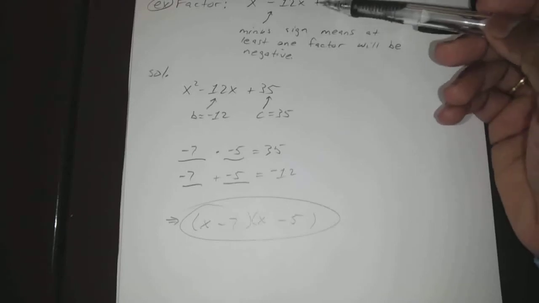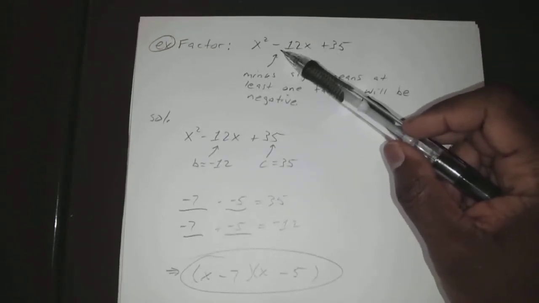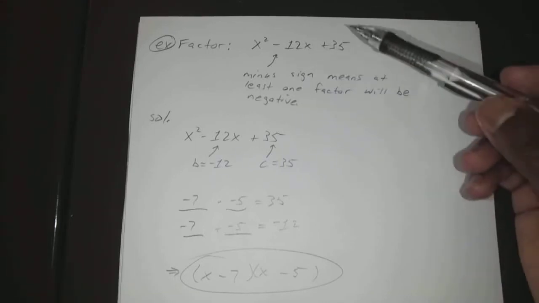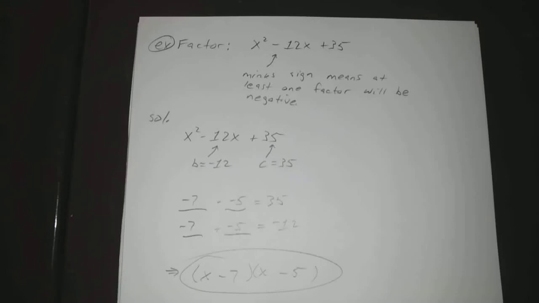If you have a positive here and a negative here, both are going to be negative. But if you have a positive here and a negative here, then one will be positive, one negative, but the higher number will be negative. There are so many little different rules, and if you try to remember all of that, it'll be really complicated. So I simplify it to just one rule: at least one will be negative. No problem.